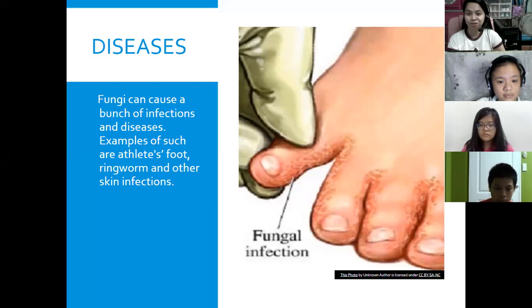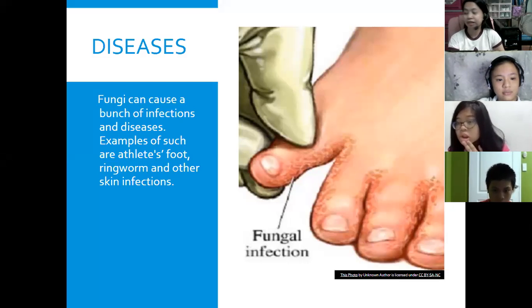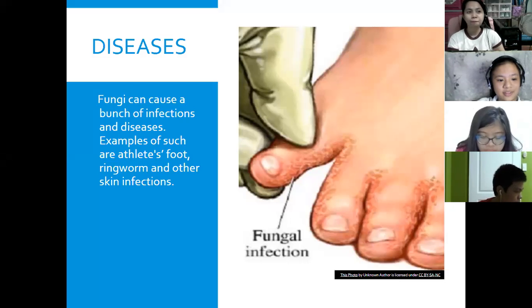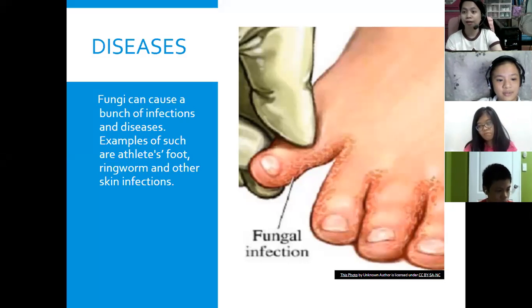But rest assured that there is a microorganism, such as fungi, trying to infect your skin. Not just athlete's foot, we have ringworm and other skin infections. More likely, they cause reddish spots on someone's body.